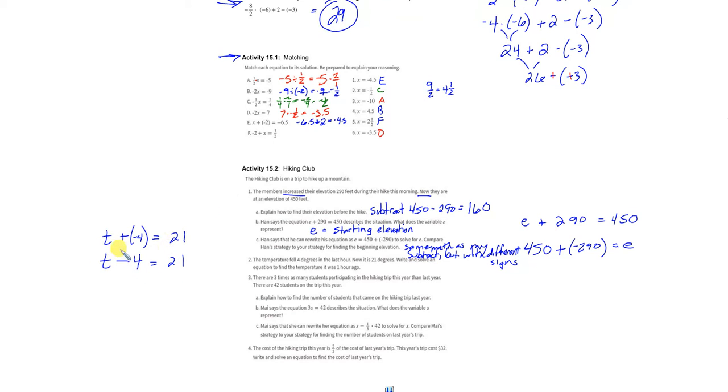We could do the opposite of adding negative 4, which is simply taking 21. T would be 21 plus 4. Or, like you did in elementary school, if they're taking 4 away, then to find T, we can add 4. And either way, you're doing 21 plus 4, which gives you 25 degrees. And that's number 1 and number 2 for the hiking club.